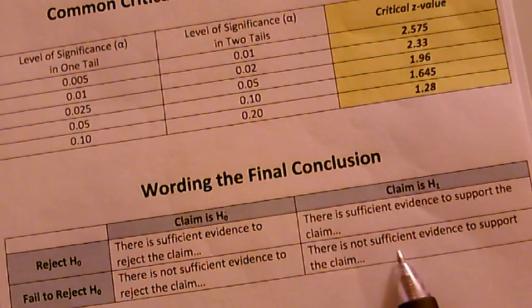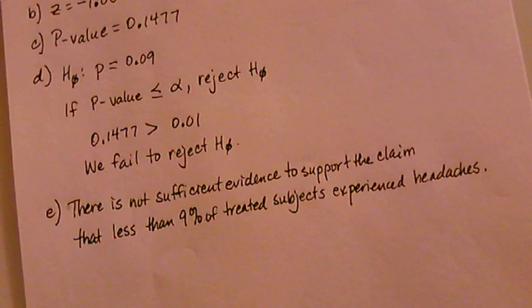So we say that there is not sufficient evidence to support the claim. So in this case, we say in our conclusion that there is not sufficient evidence to support the claim that less than 9% of treated subjects experience headaches. Okay? So that's how we write our conclusion here.